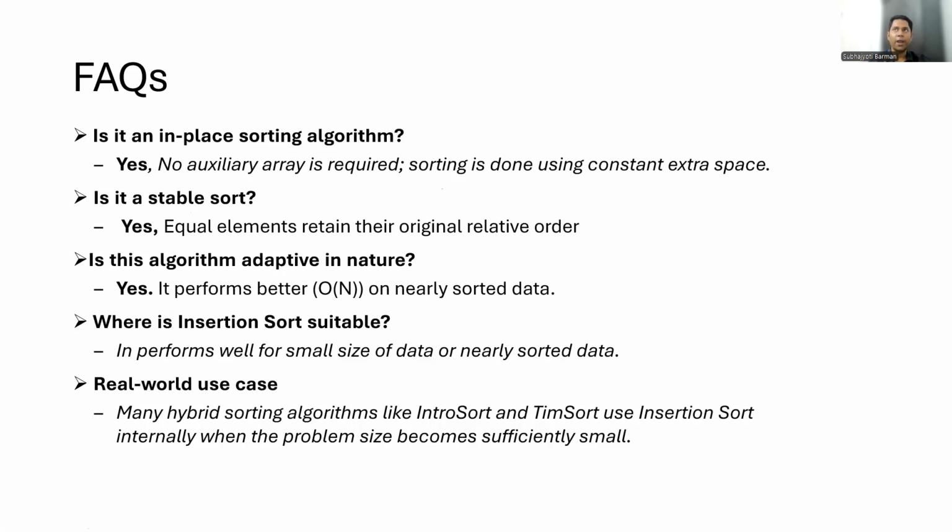If we provide sorted or almost sorted data, then the number of comparisons and shifts will be very small and it will become almost order of n. Fine. So that means the pre-ordering of the elements affects the performance of this algorithm, so that's why this is adaptive in nature.